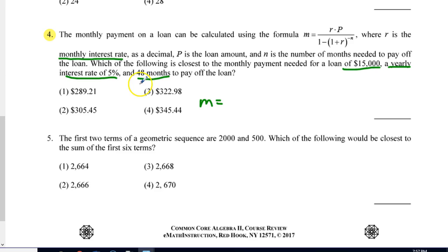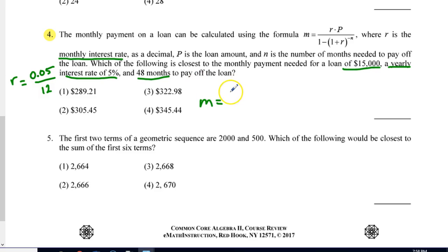Yearly interest rate versus monthly interest rate. So if I wanted to find the monthly interest rate given the yearly interest rate, what I need to do is divide 0.05 by 12. Okay, so that's how much interest we're giving out each month.